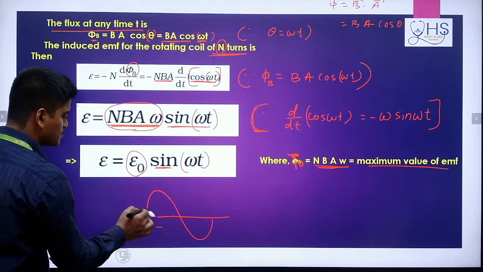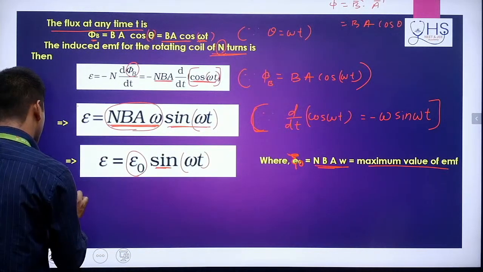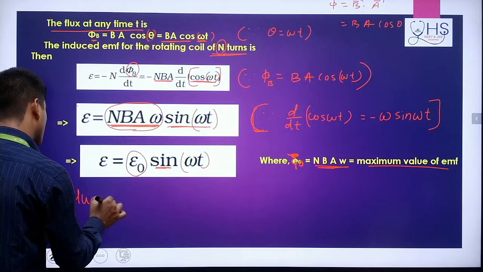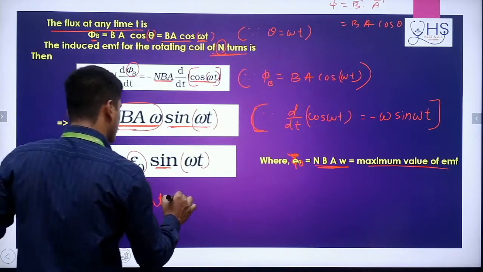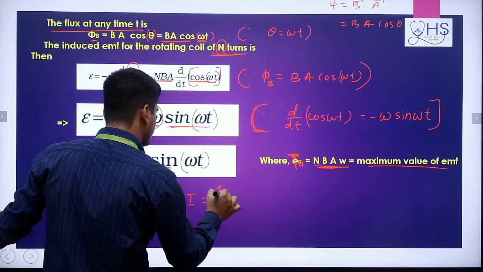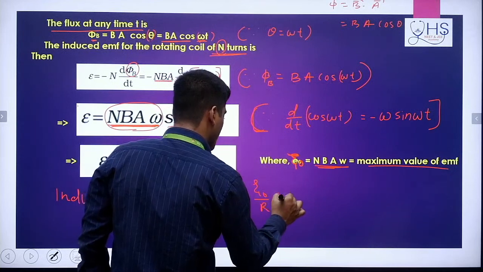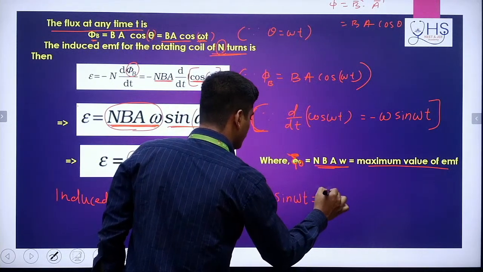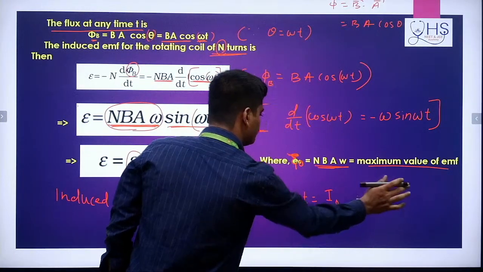Now suppose this coil has resistance R. Therefore, what is your induced current? Induced current I is EMF by R, which is E naught by R sin omega t, and here E naught by R is I naught, so I equals I naught sin omega t.